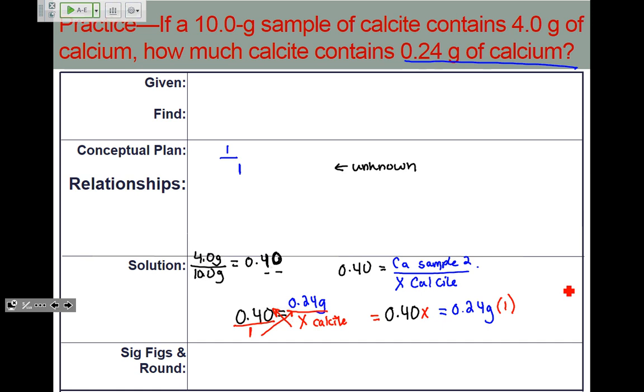Just going to put my 1 in parentheses. We know 0.24 grams times 1 is 0.24 grams. But so when you're following it later, you see that I did that. Then we can divide both sides by our 0.4 to solve for our x. When we do that, we retain our grams because, again, 0.4 doesn't have any units.